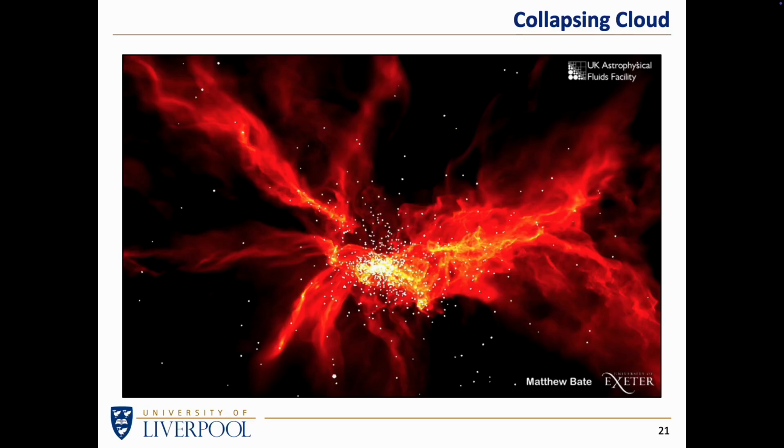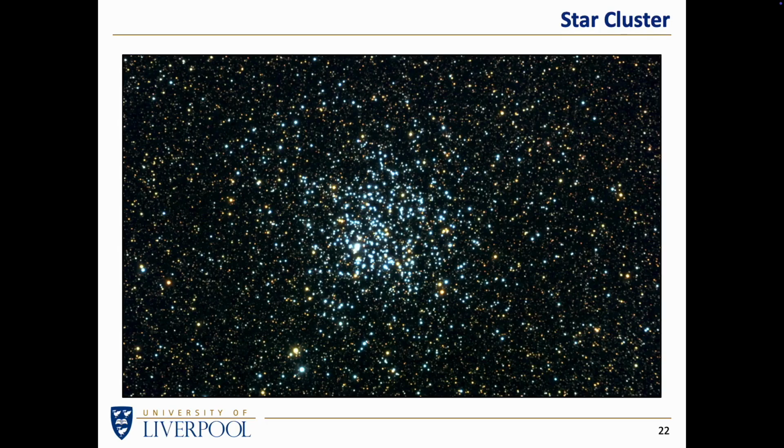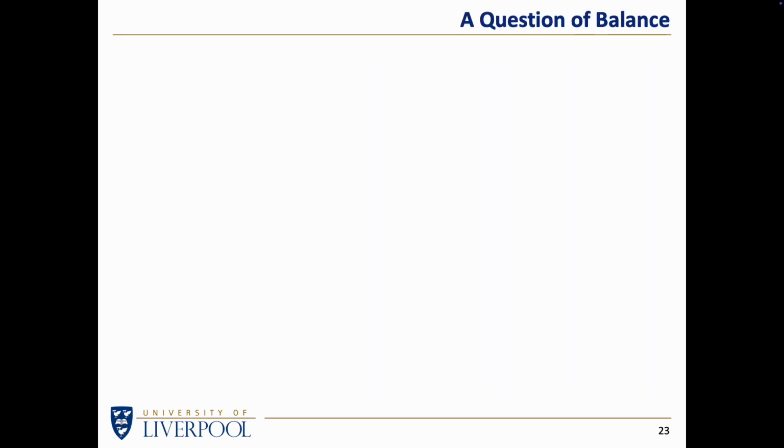Does that bear any resemblance to real star clusters? Well, yes, it looks like the simulations give a reasonable explanation for why we see open clusters like this. Perhaps it's not quite the same for a globular cluster, but we have lots of examples of open clusters in our Milky Way galaxy that seem to have been generated by the process that we've just seen in a computer simulation.